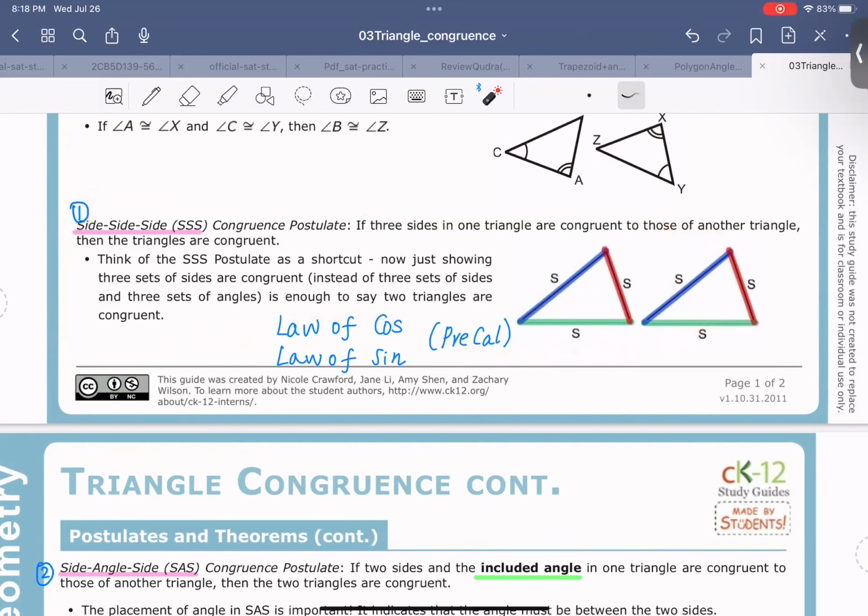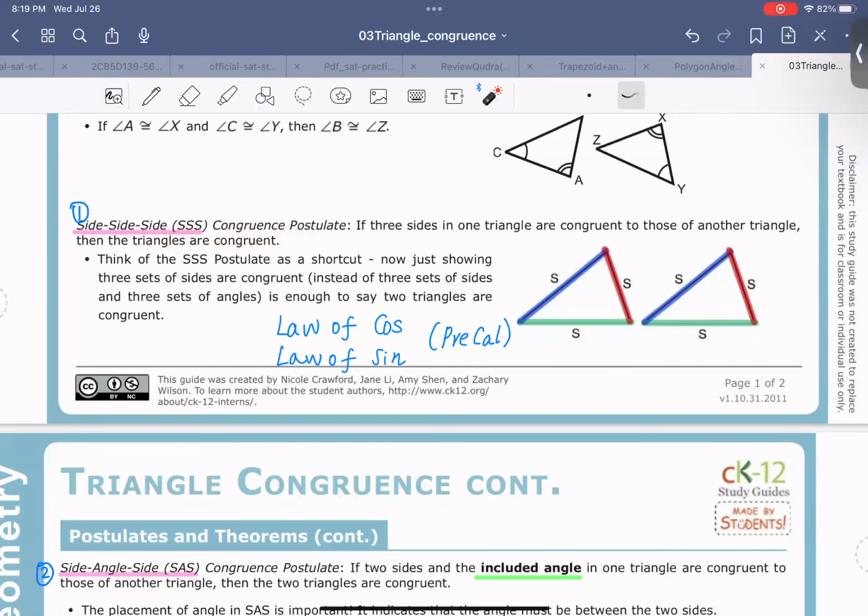Go ahead, please. Just read this. I will show you what's going on over here. Side congruent postulate: if 3 sides in one triangle are congruent to those of another triangle, then the triangles are congruent.